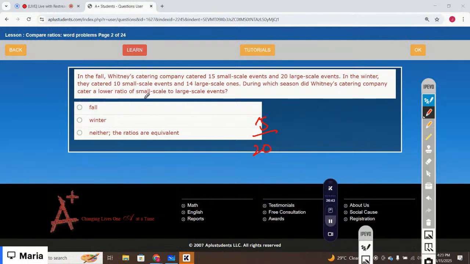And in the winter, they catered 10 small to 14 large. So you have to see during which season they catered a lower ratio. Let's convert these fractions into percentage form. 15 divided by 20 is 0.75, times 100, so that is 75%. Now 10 divided by 14 is 71%. So which one has the lower ratio?